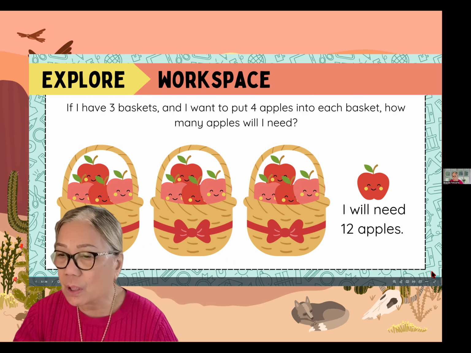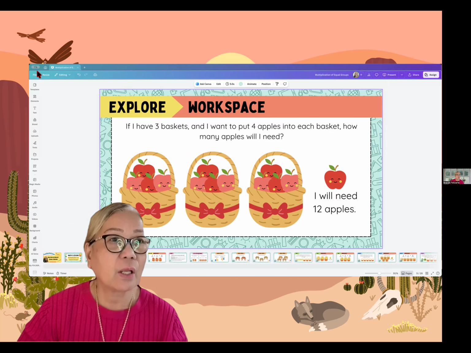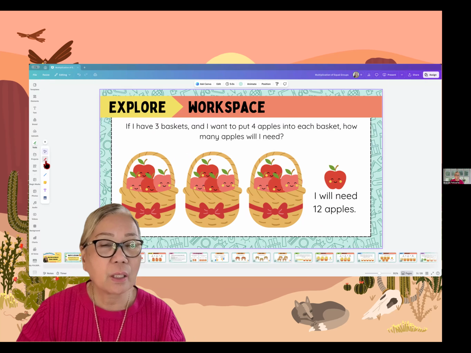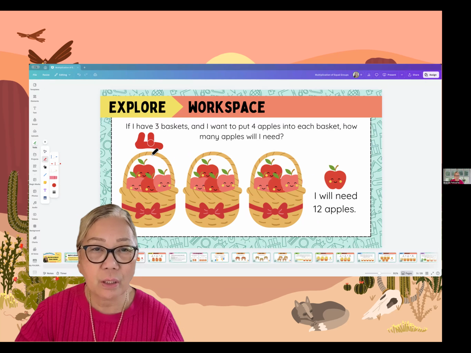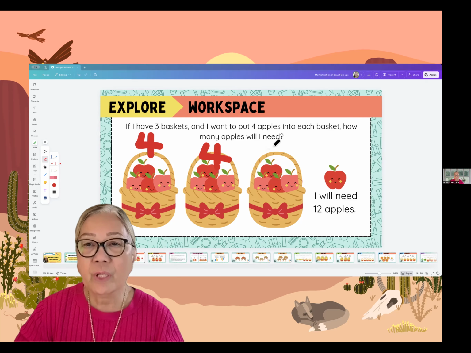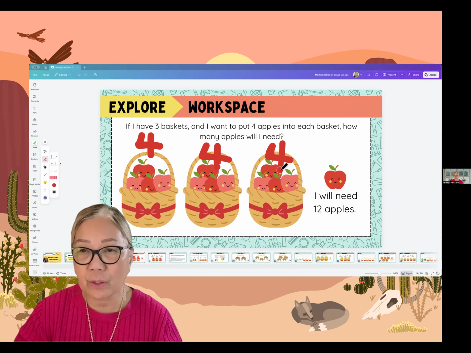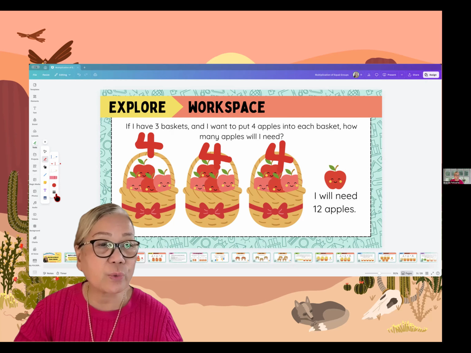Let me minimize my screen so I can use my tool here. All right, so I will have 4 here, and I will have 4 here, and I also have 4 here. So to find a total, you are just going to add.